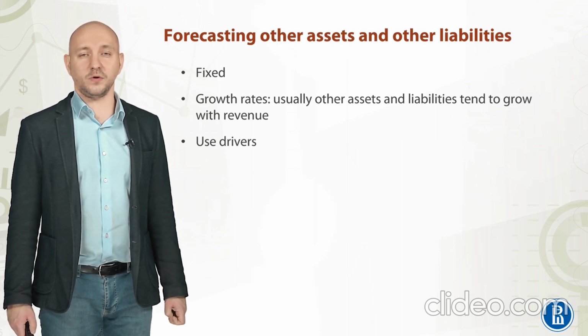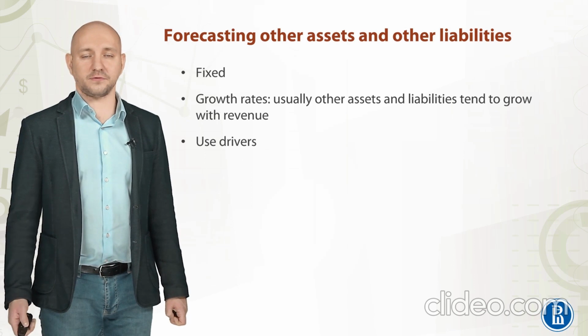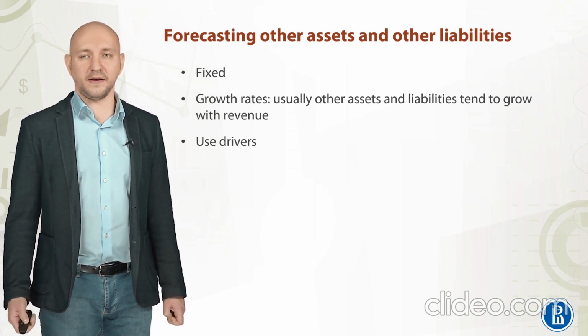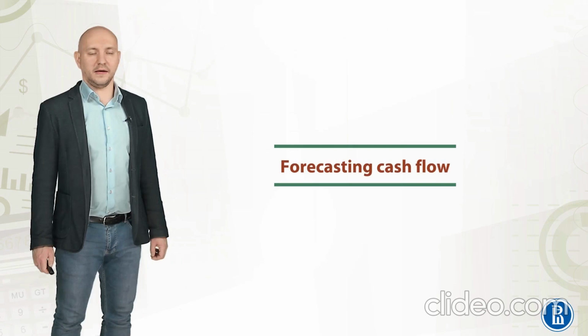So when you understand clearly what other assets and other liabilities include, you can split them into different factors, into different parts, and understanding drivers behind them, you are able to forecast how they're going to grow or decline in the future. And now let's consider how cash flows are forecasted.